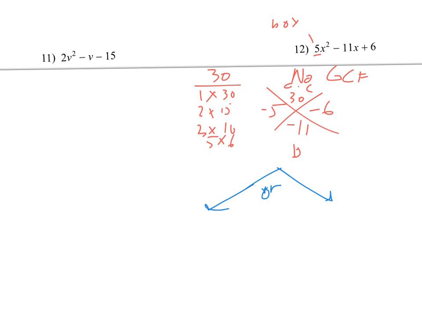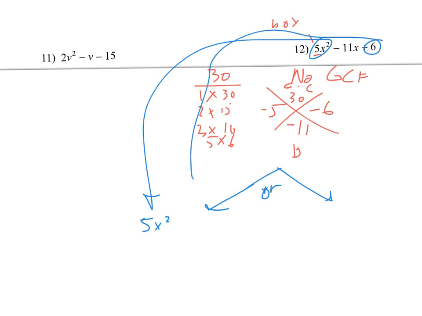So one technique you can do is put 5x squared from there, and then 6 over here, and then put these guys here and here, and then do grouping. So it's just you take these two numbers, attach an x to them, and then do the grouping.